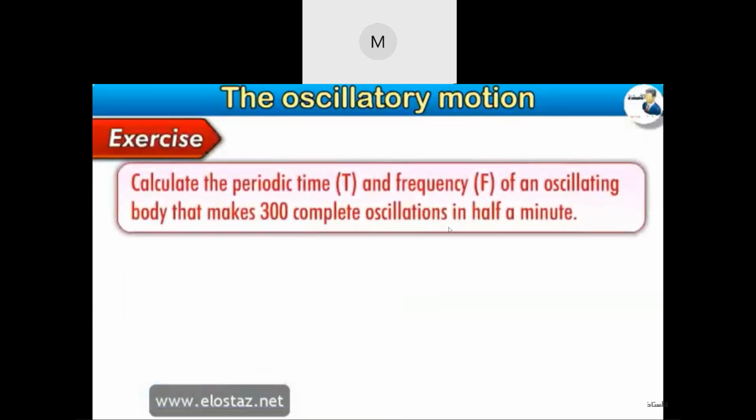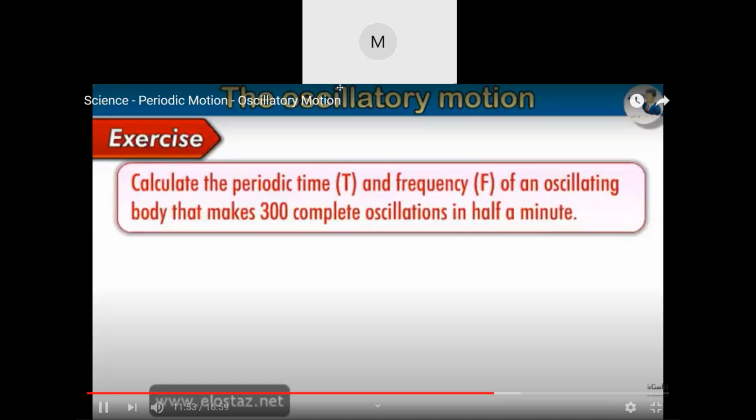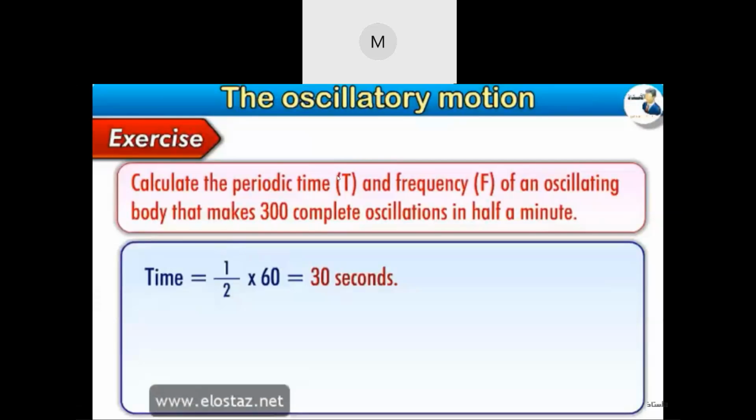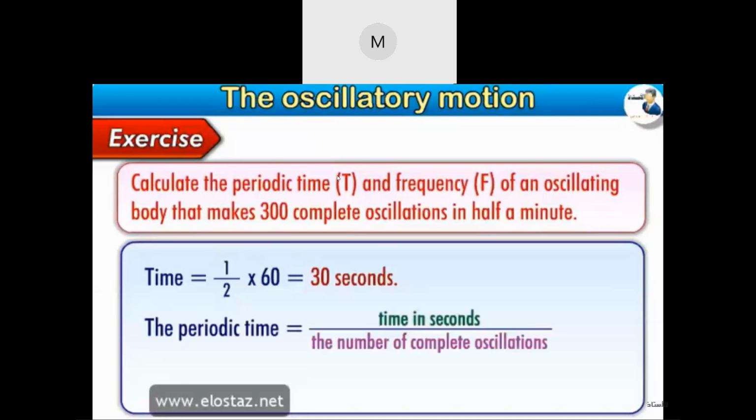Exercise. Calculate the periodic time, T, and frequency, F, of an oscillating body that makes 300 complete oscillations in half a minute. Time equals half times 60 equals 30 seconds. The periodic time equals time in seconds over the number of complete oscillations.